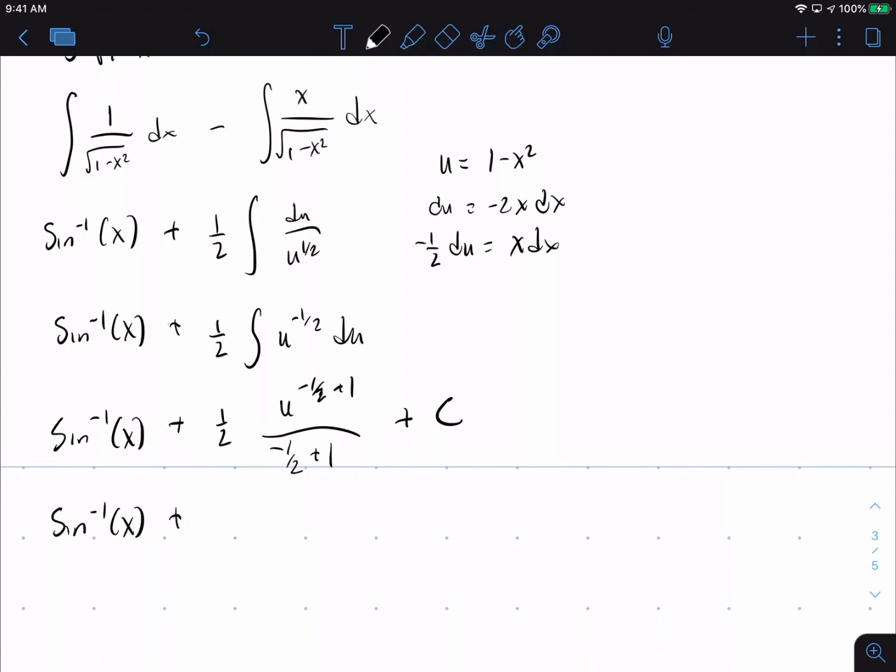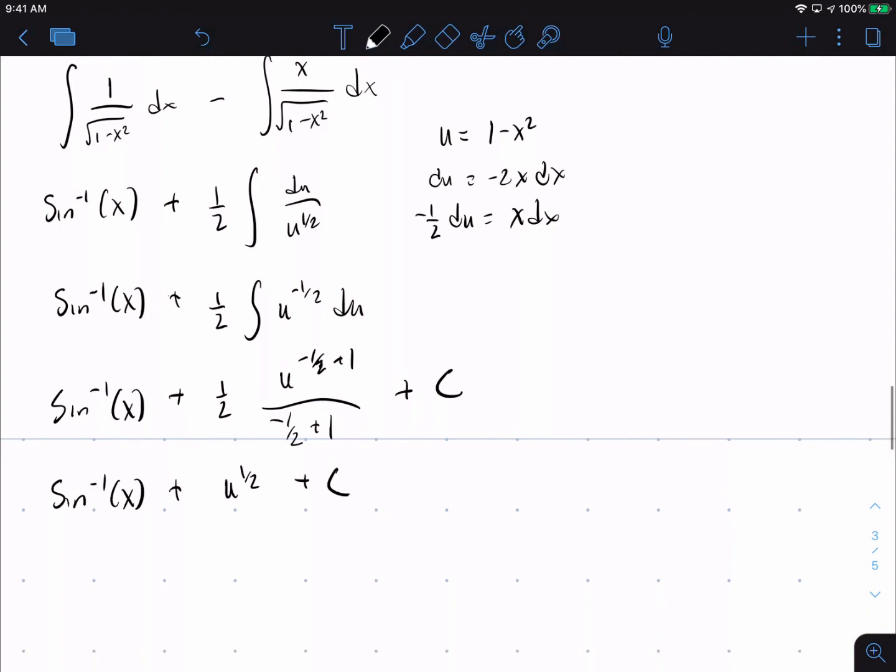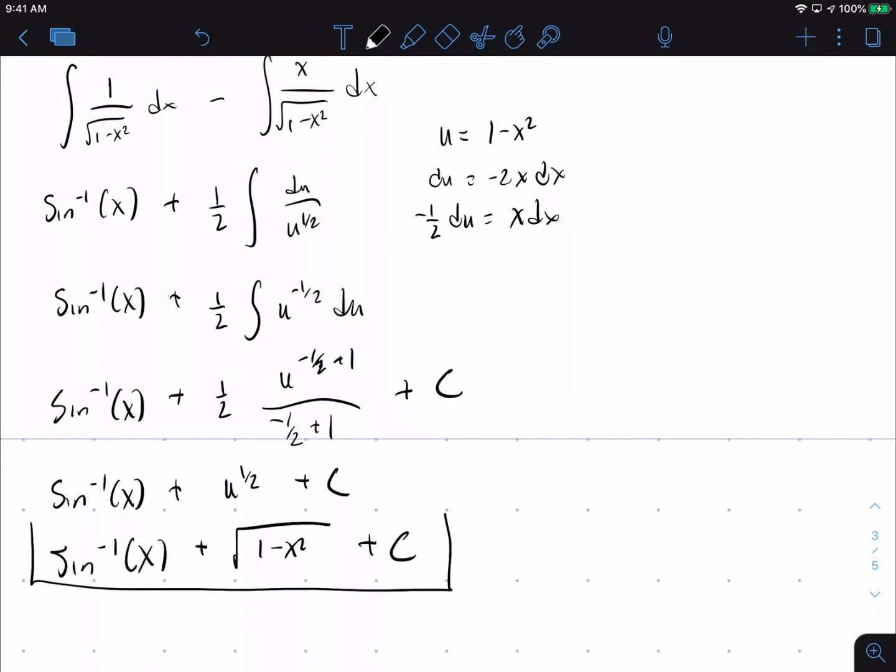If you don't see that, please feel free to ask. u to the 1/2 plus c. But I know what u is, so I'm going to get sine inverse of x plus the root of 1 minus x squared plus c. And that is our solution.